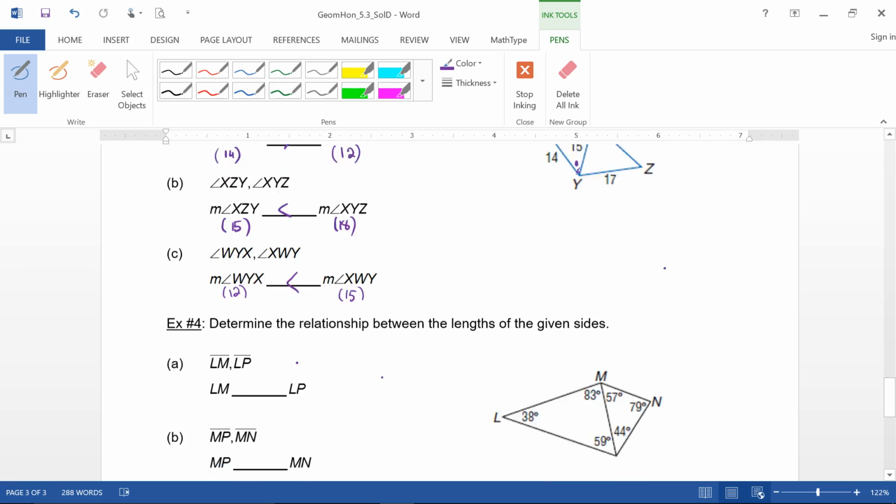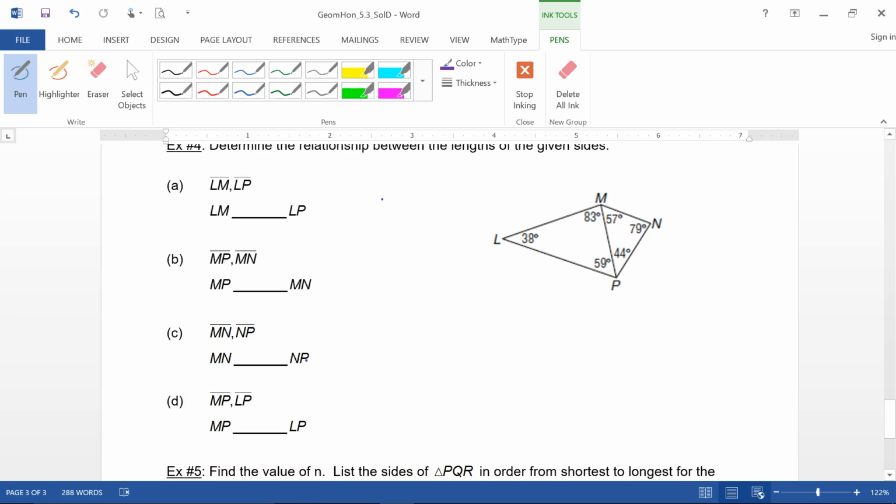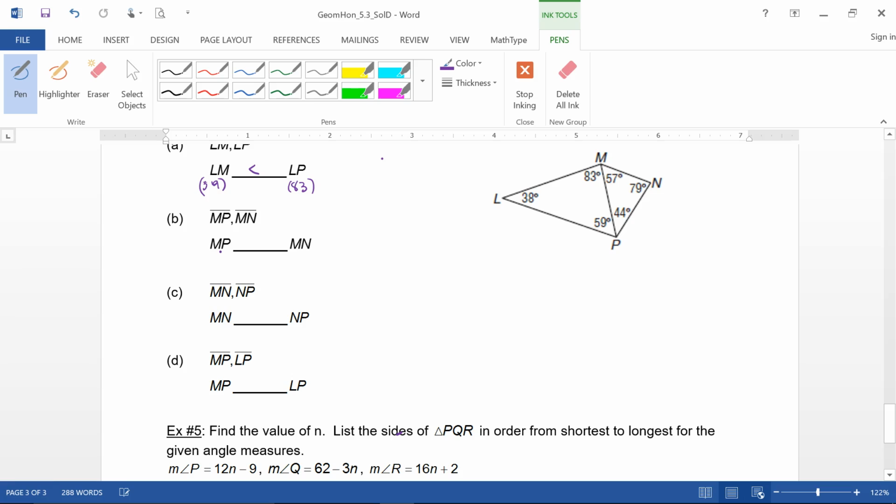All right? Okay, so how about these? LM and LP. Side LM faces an angle that's how big? 59. Side LP faces an angle that's 83 degrees. So LM is less. Okay. All right, so MP is this one.